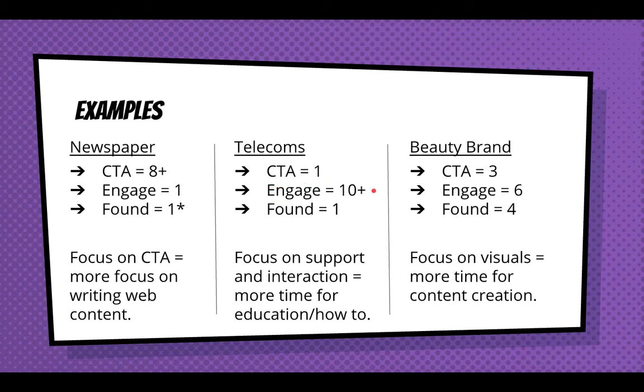It's going to be mostly engagement because they're going to be helping people troubleshoot their internet issues or their service issues. And every once in a while, they might post something from maybe another service provider, maybe from a modem company that they trust, but for the most part, it's going to be engagement.